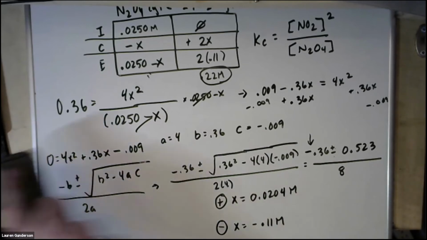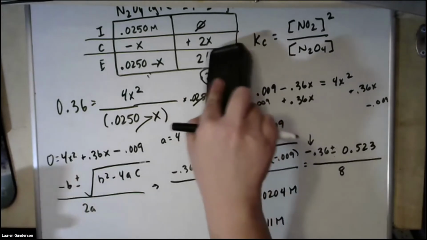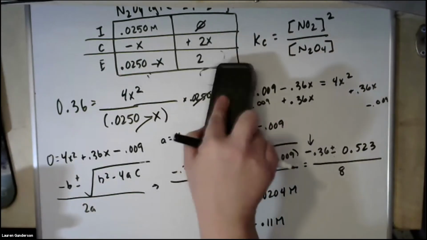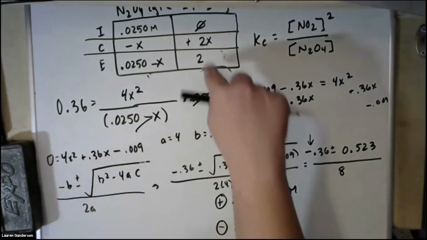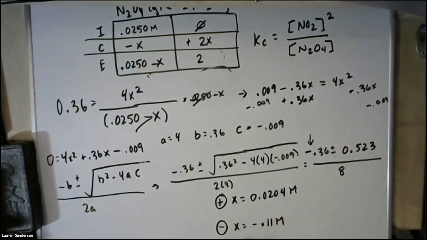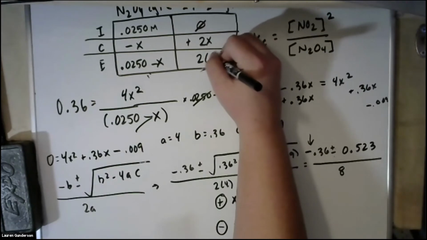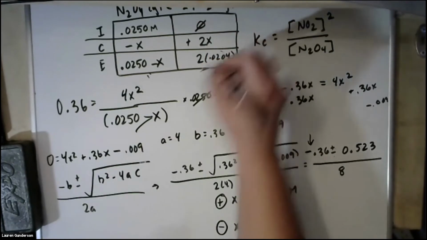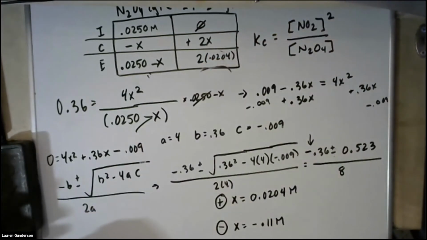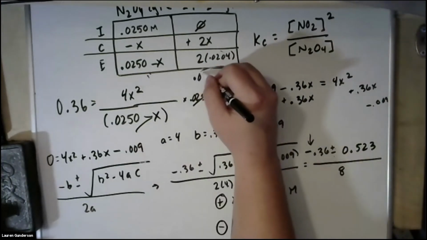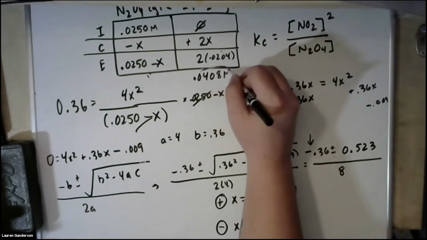Okay. So I'm going to go back in there and fix these little x's that I had. So here I've got 2 times 0.0204. I end up with 0.0408 molar.